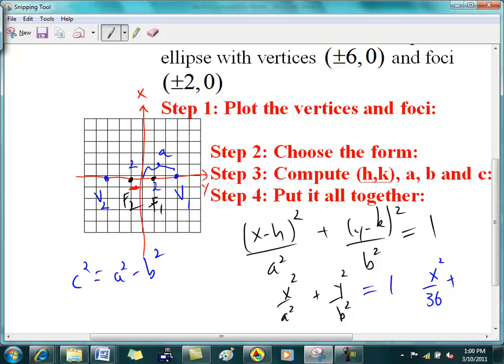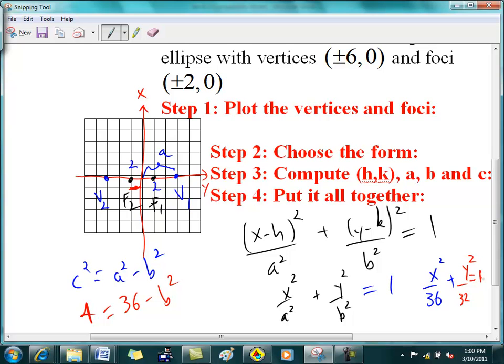That's 2. It's 1 box. So c squared is 4, and a squared is 36. So tell me what b squared is. Well, b squared is 32, not b. So then this would be y squared over 32 equals 1. Is everybody with me on that?